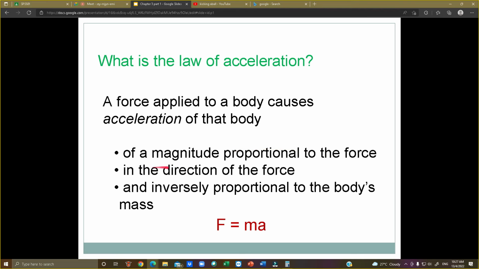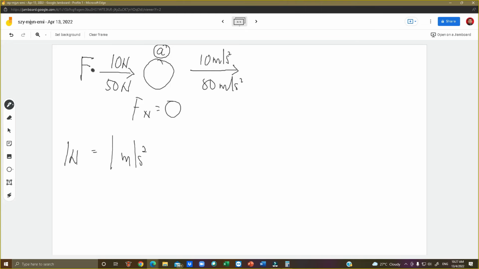And then, number 2, direction of the force. If the force is like this, from left to right, your object will always move at the same direction of the force. Dia bukan macam ni. Kita bagi force, bola bergerak macam ni. Bukan.